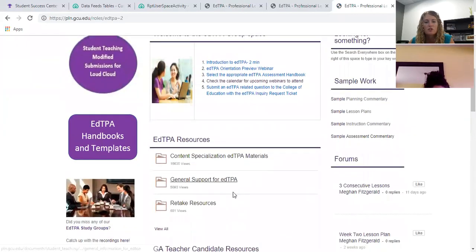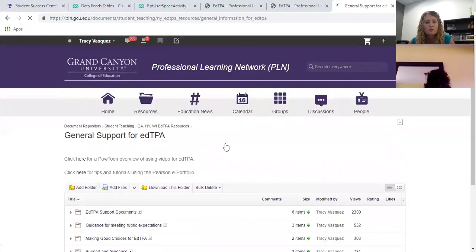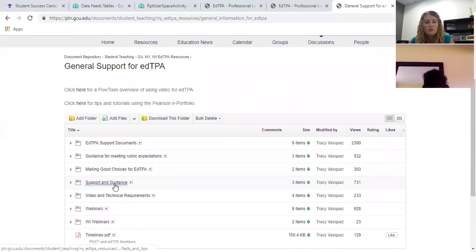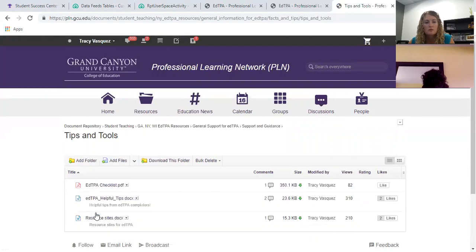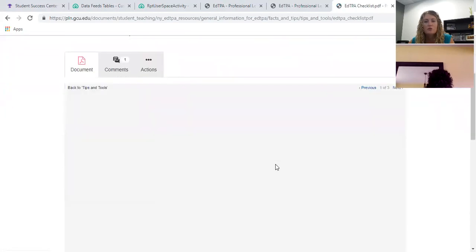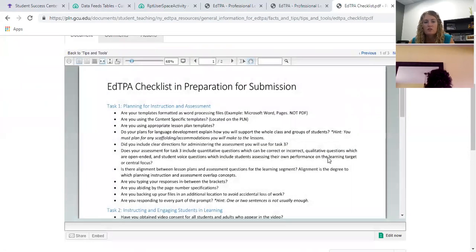If you go to the general support folder, and then support and guidance, tips and tools, and here it's EdTPA checklist. And what this is, it's a tool that you can use while you're completing student teaching to help make sure you're meeting these very important pieces of instructions.